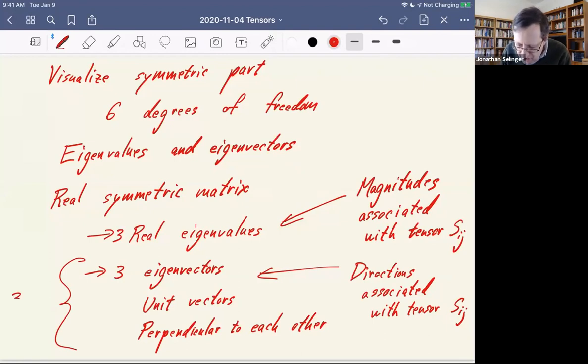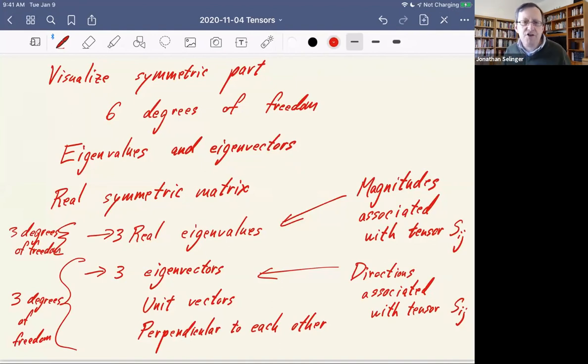So this is 3 degrees of freedom. This is another 3 degrees of freedom. Together they make 6, and that's the 6 that we were looking for up there.